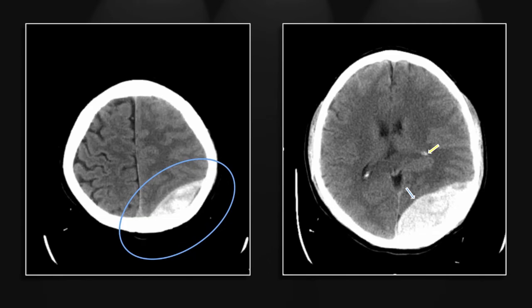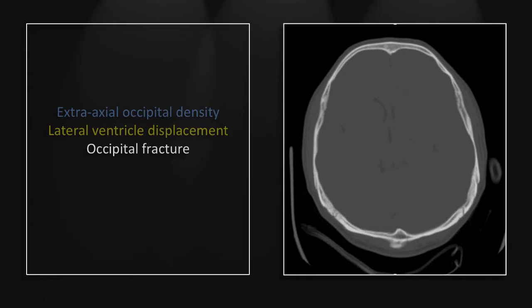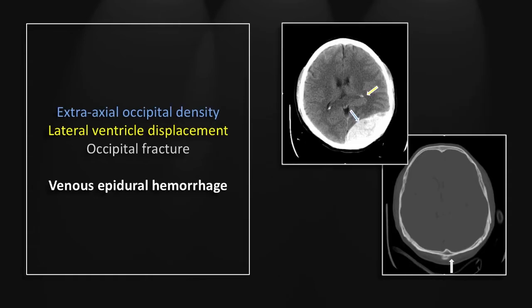Note also the pronounced mass effect in the left frontal cerebral convexities. And here is the non-displaced occipital fracture related to this injury. And that is a case of a posterior venous epidural hemorrhage related to transverse sinus injury.